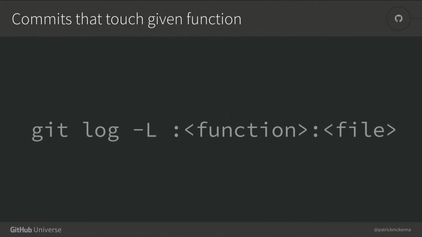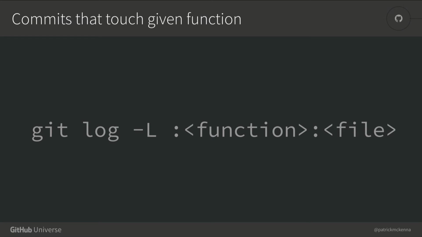All right, so imagine that you can't find something in the fuzzy file finder, you're having trouble finding the associated issue or pull request, and you need to actually just get down to the command line. A lot of people don't know about this particular option for the Git Log command. So what this is going to let you do is actually output all commits that touch a given function in a given file.